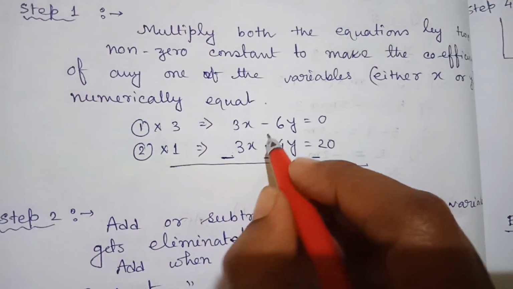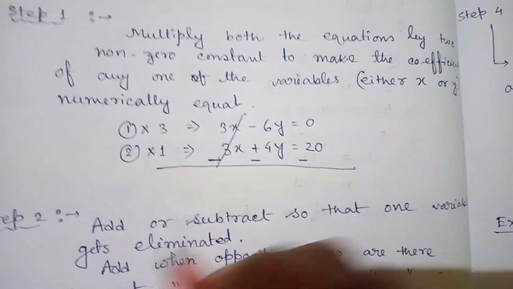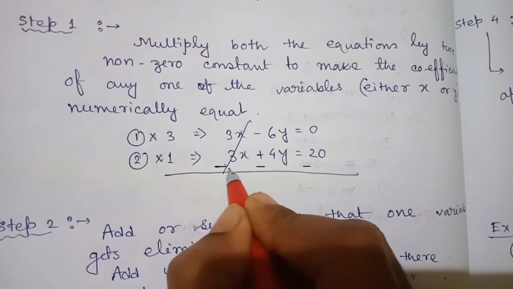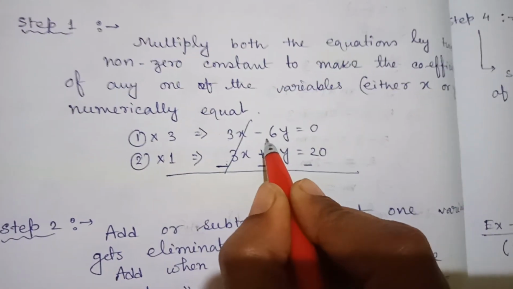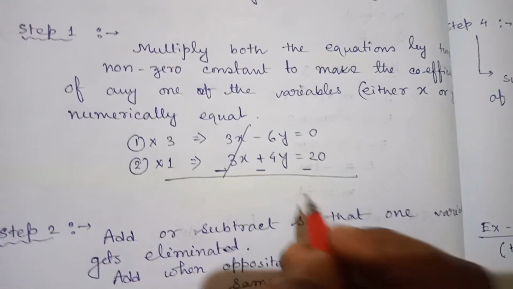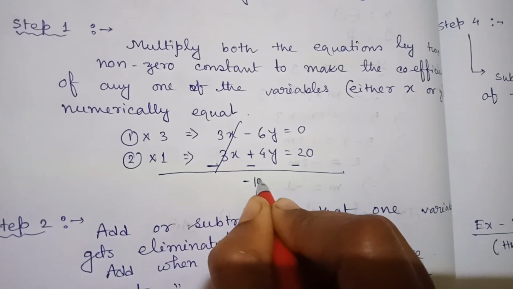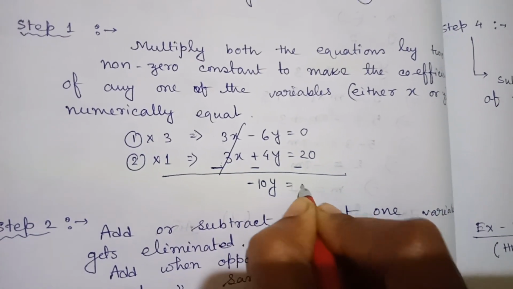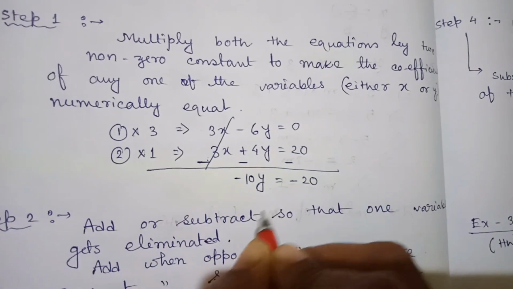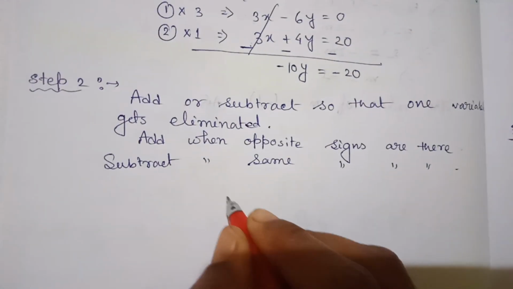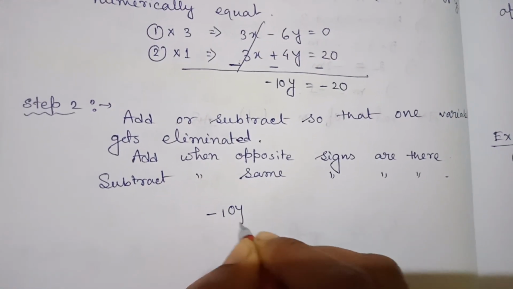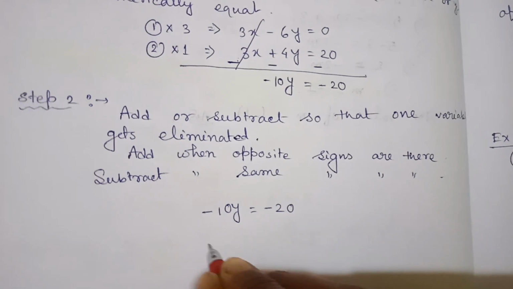Then 3x will be cancelled out because plus 3x minus 3x cancels out. Minus 6y minus 4y will give you minus 10y equals, on this side, minus 20. So what you have got is minus 10y equals minus 20.